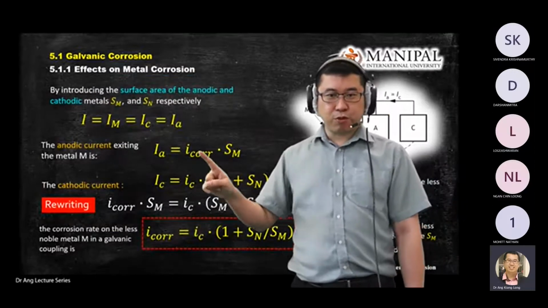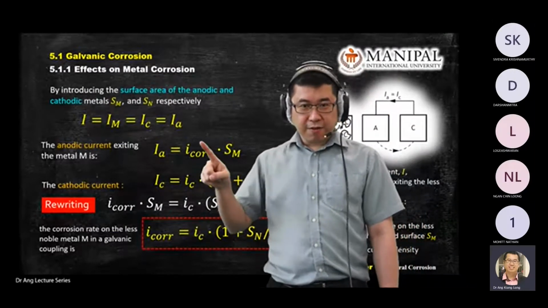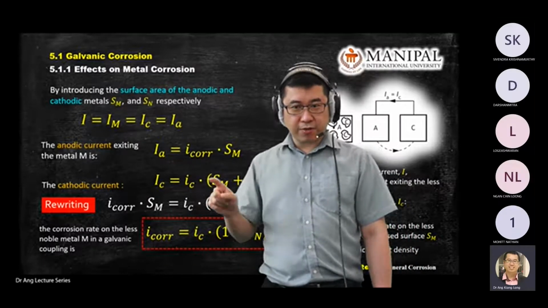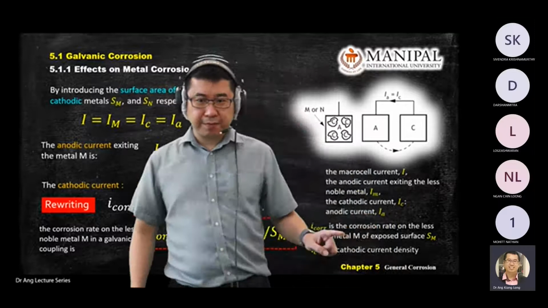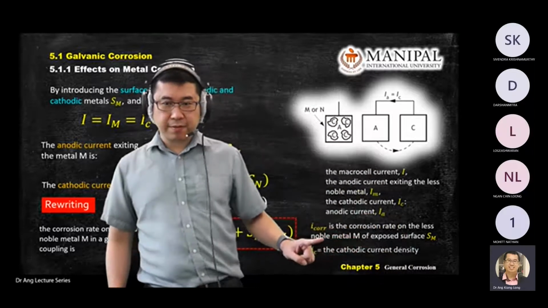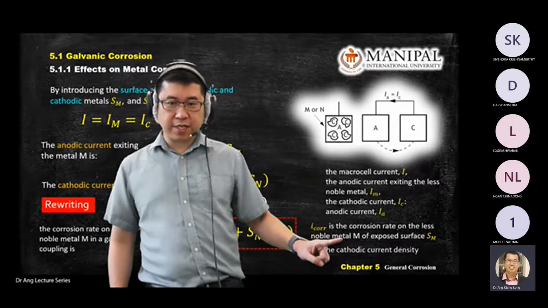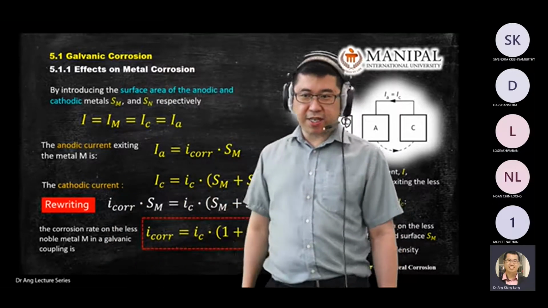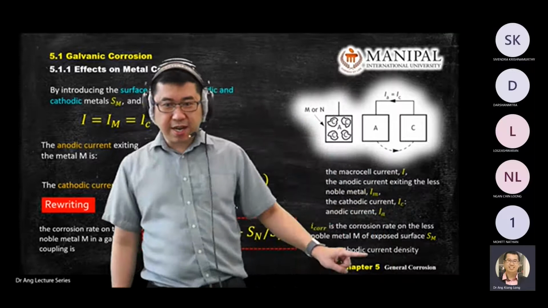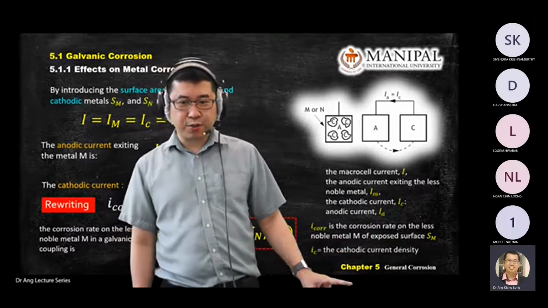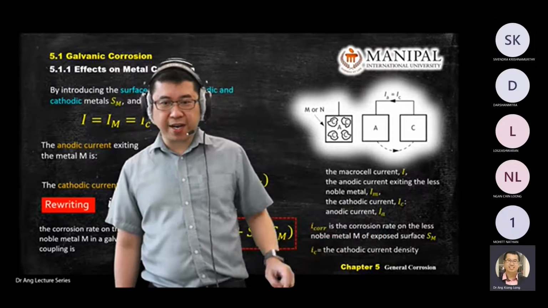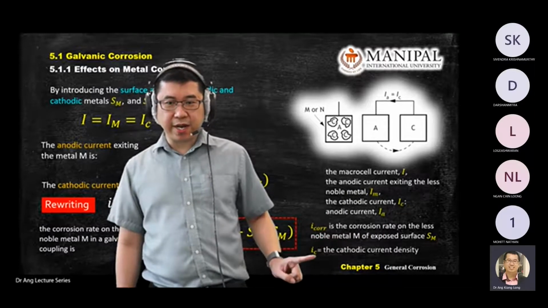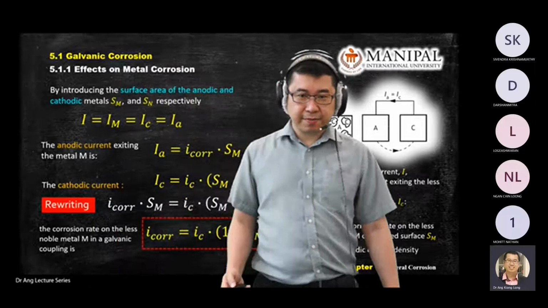Small i corrosion is the corrosion rate. Small i C is current density. So don't confuse the small i. You have two meanings here, i corrosion and i C. Go back to the slides.